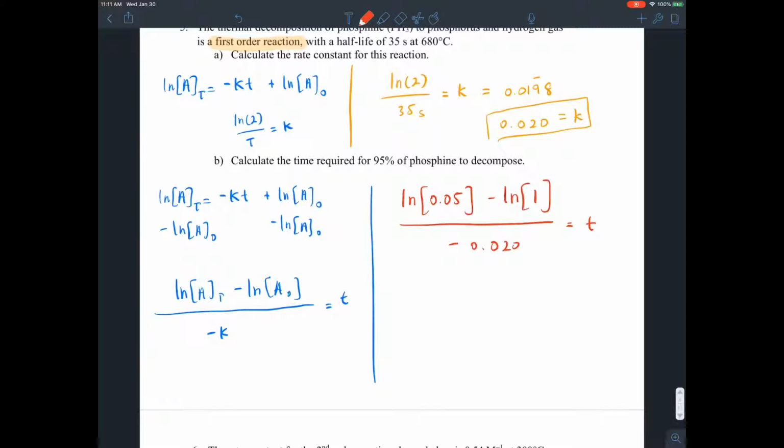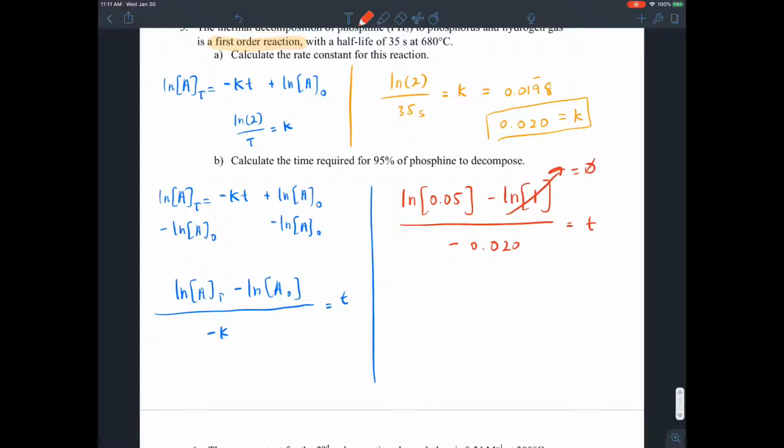Remember that the natural log of 1 is equal to 0, so we actually don't need that component. So now we only have 2 things to compute. This would be the natural log of 0.05 over negative 0.020.